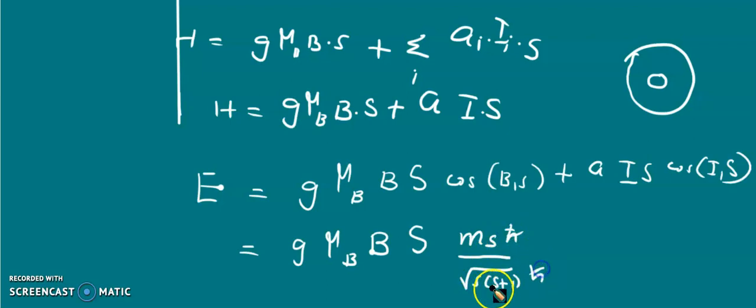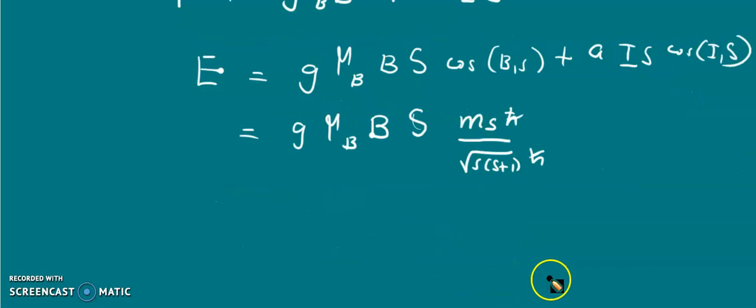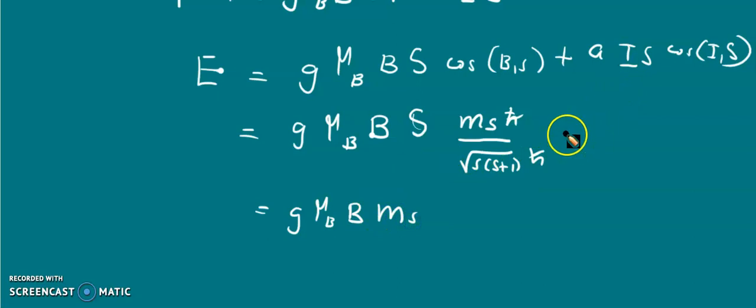The cross h terms cancel, and we actually have a root of S into S plus 1 over here. We have approximated it as S. So cancelling this, we have this term as g mu B ms, and this one A I S.